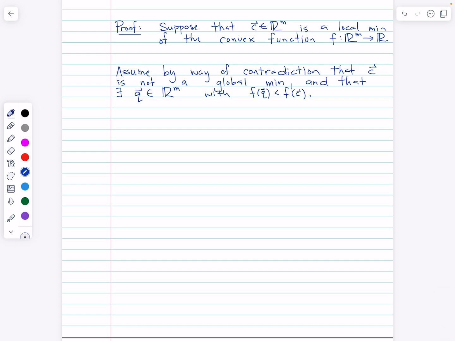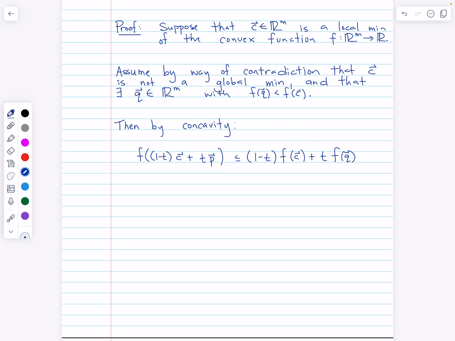So let's invoke our concavity. So then by concavity, that's just sort of a $10 word for concaveness, which I don't think is an actual word. So by concavity, we know that this thing here is less than or equal to 1 minus t f of C plus t f of Q. Okay?